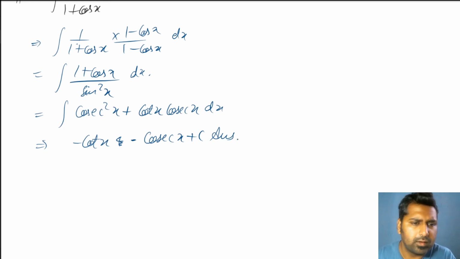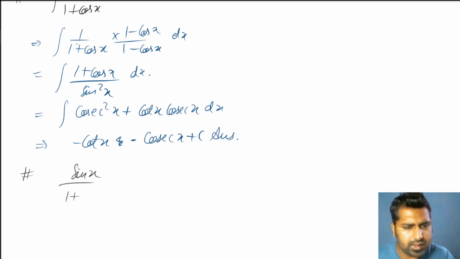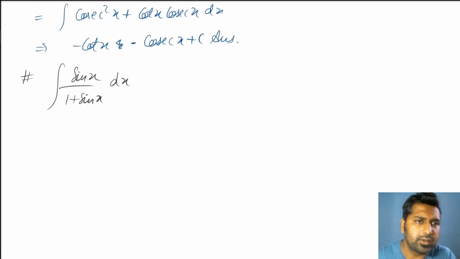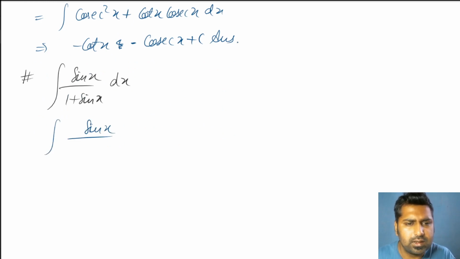Okay. Now with the concept of rationalization, we can have it like this also, sine x upon 1 plus sine x. Still the idea is the same, 1 plus sine x. The moment you see 1 plus sine x, rationalize in the denominator. So integration sine x, 1 plus sine x, 1 minus sine x, 1 minus sine x dx.